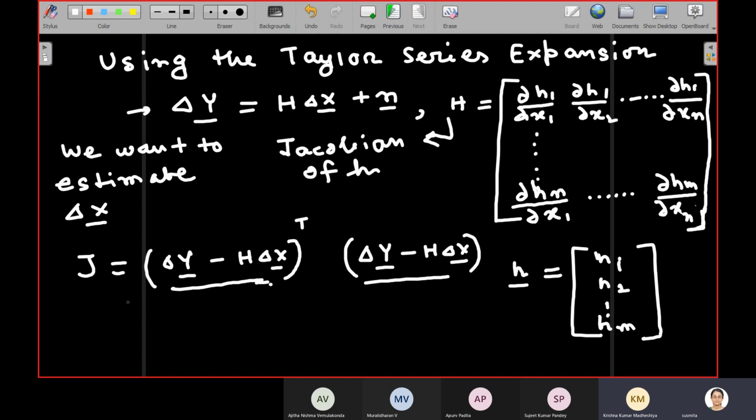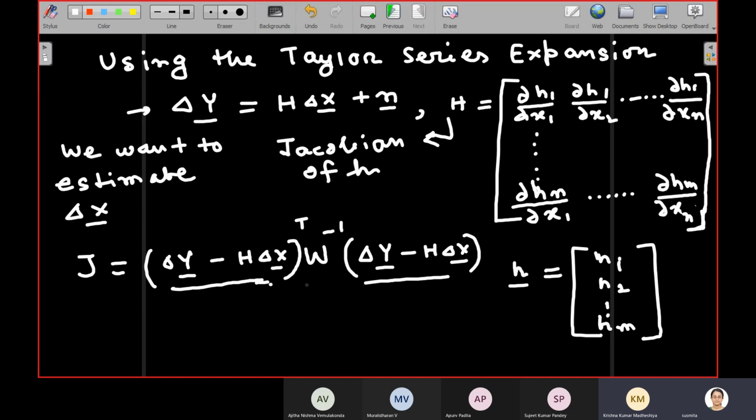But we want to do something more. Simply by minimizing the difference is not sufficient for us. We want to take help of something more. And that extra information comes from W. So in between we multiply W inverse.